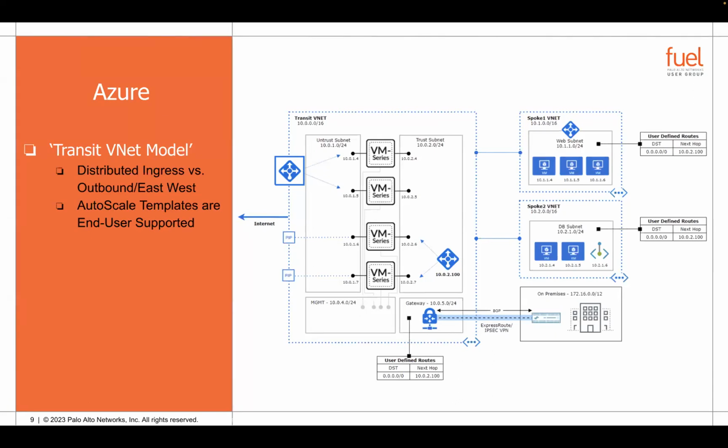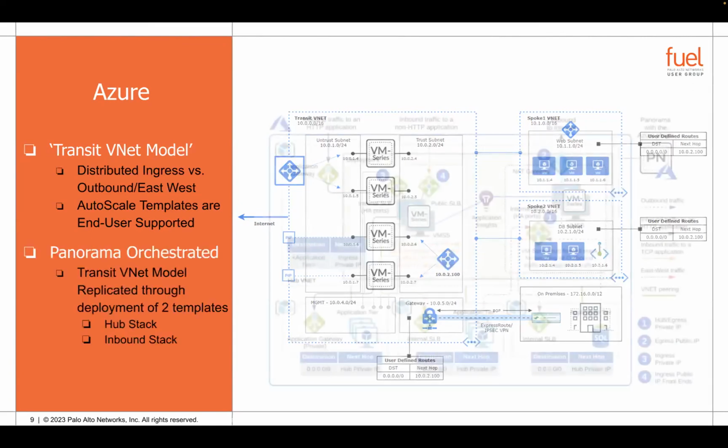It's a model that separates ingress versus outbound and east-west flows, and it scales to support any number of applications that you want to host within your Azure environment. We have very well-published documentation on this, and many customers have implemented this model.